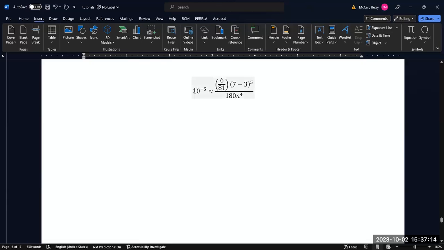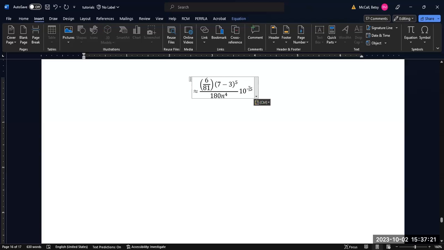If we do that, this is going to go over here, but as a positive, and the n to the fourth is going to come out and go over here. And now we're just going to throw everything in our calculator and evaluate this and see what we get. So 6 divided by 81 times 4 to the fifth divided by 180 times 10 to the fifth.